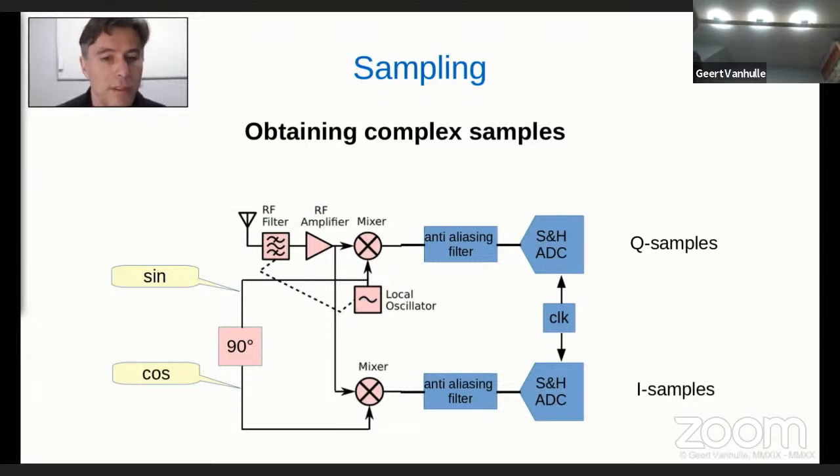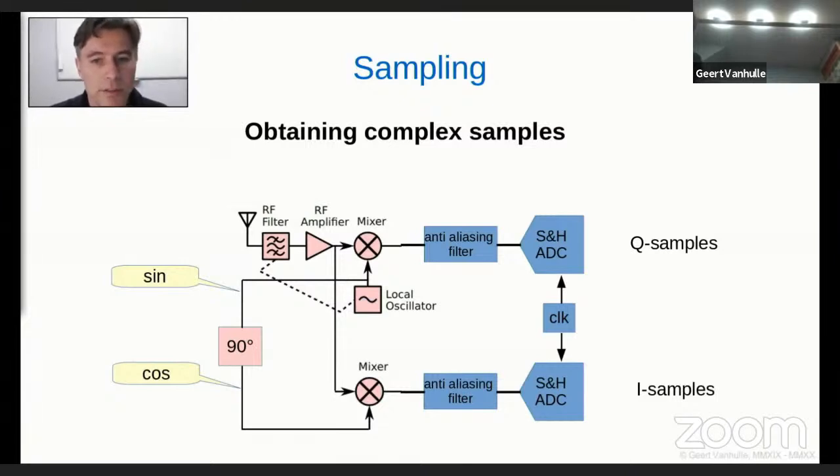We use this to feed a second mixer with the same RF input, which gives us the sine output of our mixing stage. If we sample both, we get a digital version of this real and imaginary part. We call these the Q and the I samples, and this is in fact our complex sample.